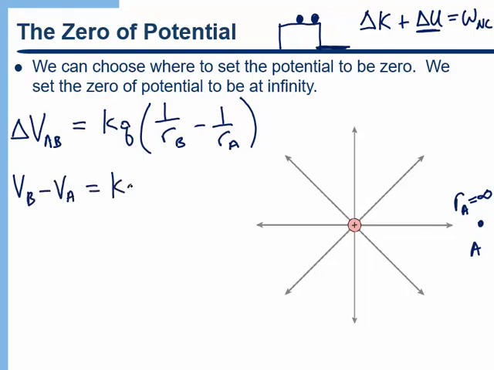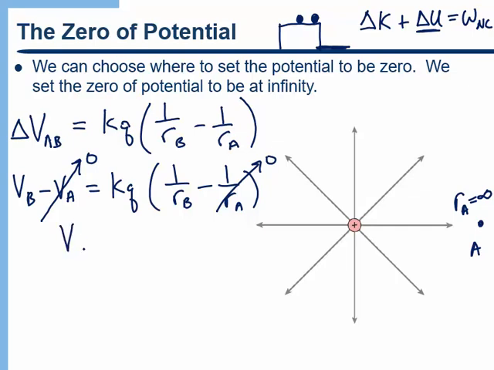That's equal to KQ times 1 over RB minus 1 over RA. But by definition the electric potential at infinity is 0. Of course, 1 over infinity is 0 anyway, and we just get that VB is equal to KQ over RB.